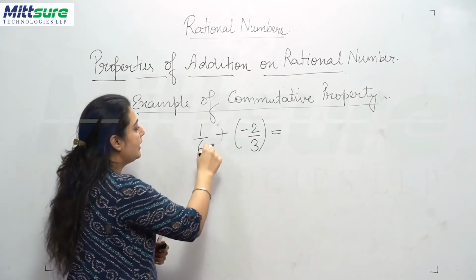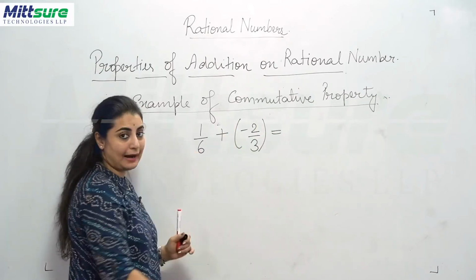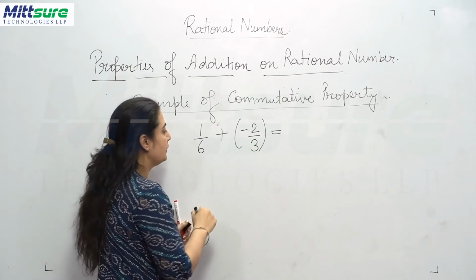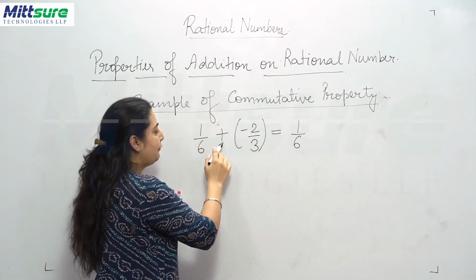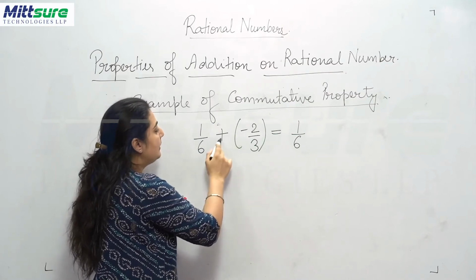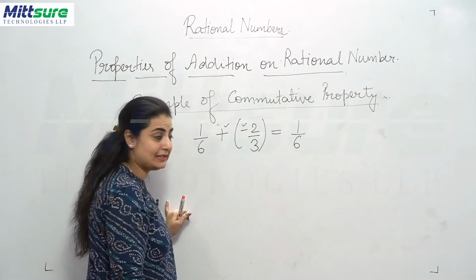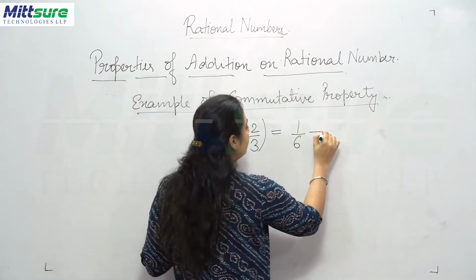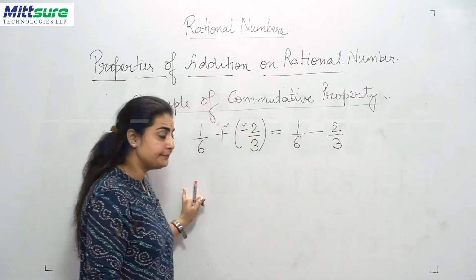But here, there is one more step involved. That is to remove this bracket. How are we going to remove this bracket? 1 upon 6 comes as it is. Then after this, the multiplication of the two signs, that is plus sign and minus sign, takes place. So what do I get here? Minus 2 upon 3. Clear?